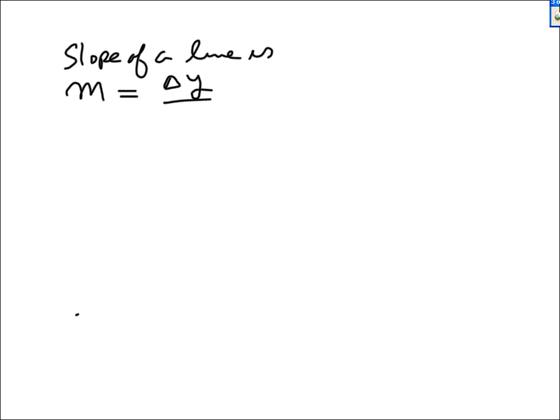The slope of a line is m equals delta y over delta x. Delta means changing.